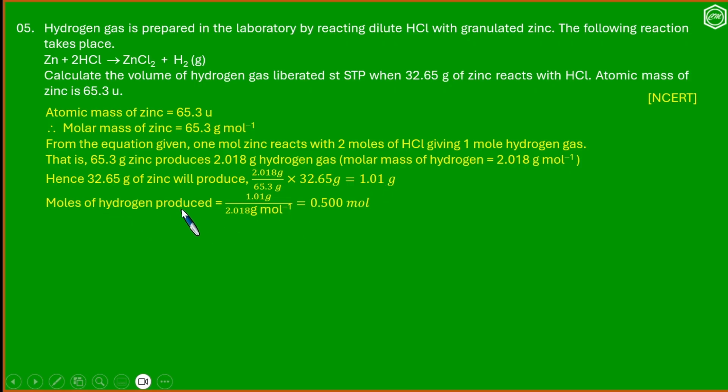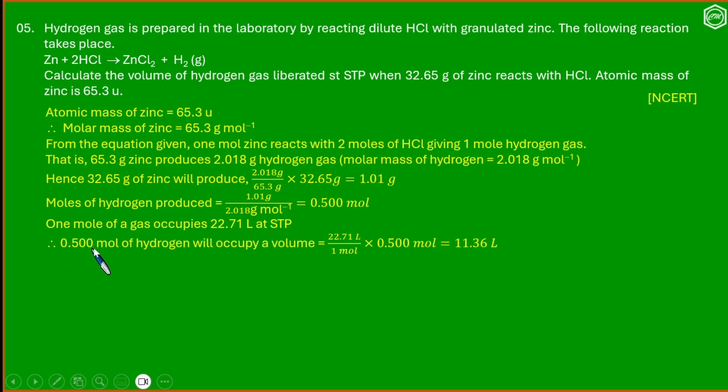Number of moles of hydrogen produced equals this divided by this one, that is 0.5 mole. 1 mole of a gas occupies 22.71 liter at STP. Therefore, 0.5 mole of hydrogen will occupy a volume of 22.71 liter divided by 1 mole into 0.5 mole, that is 11.36 liter.